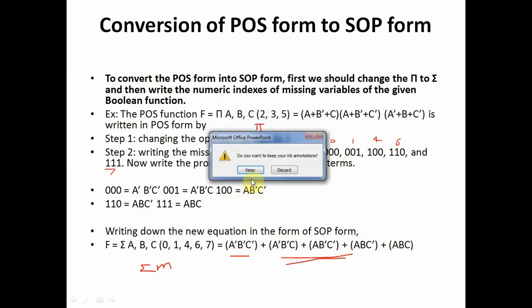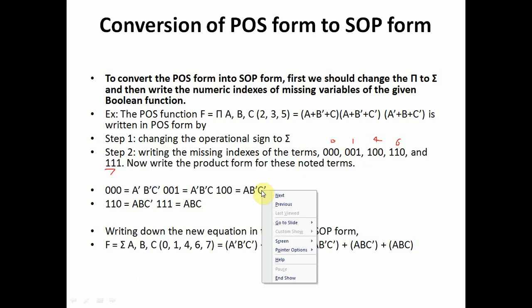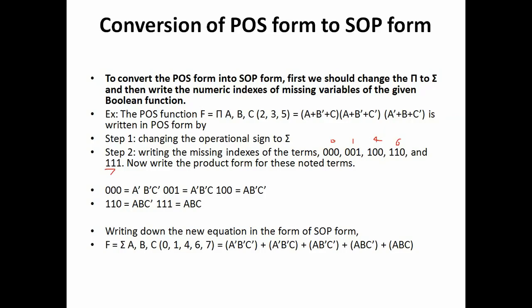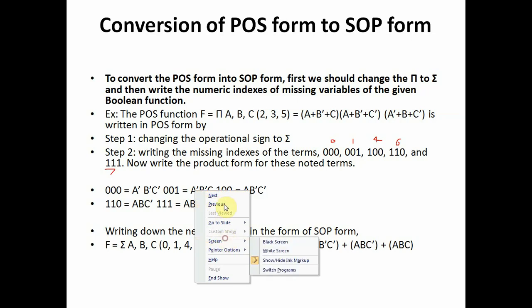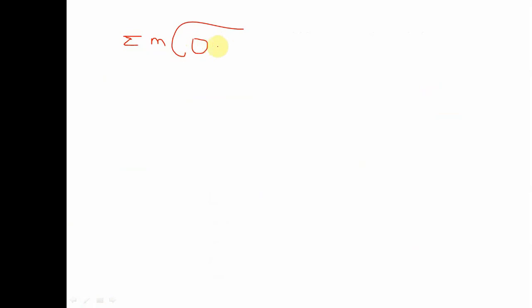Now I am taking another example, for example, summation m 0, 1.